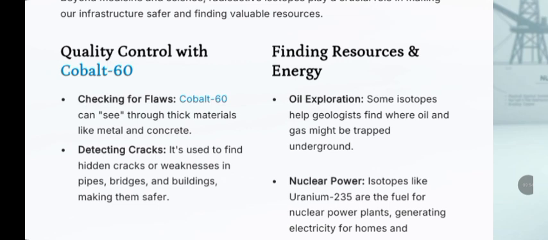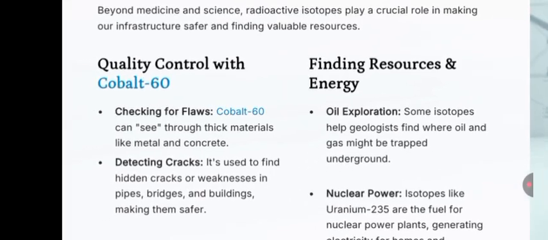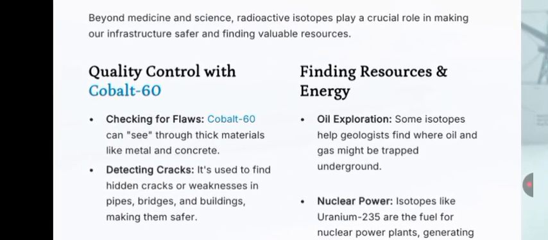Let's start with cobalt 60. It is used for checking flaws in materials like metal and concrete, finding hidden cracks or weaknesses in pipes, bridges, and buildings and making them safe.